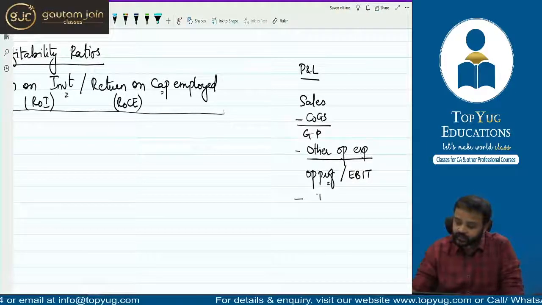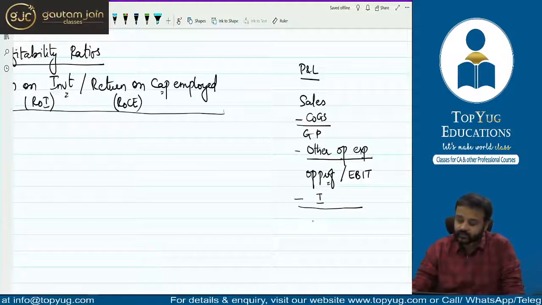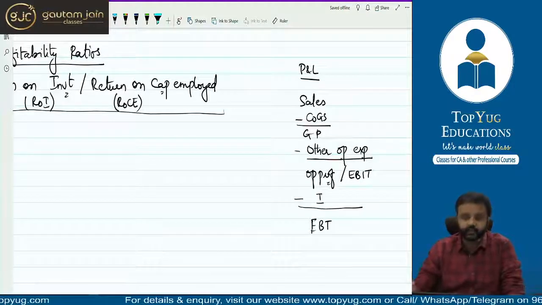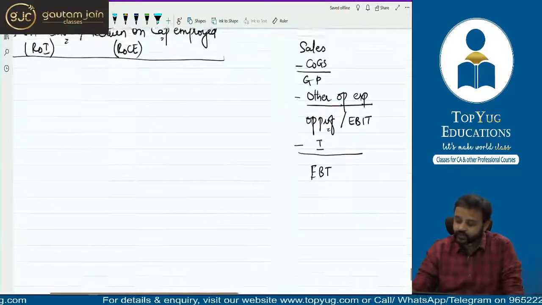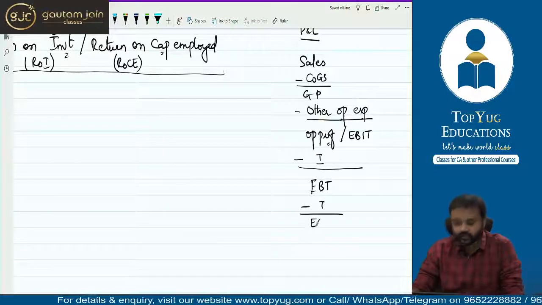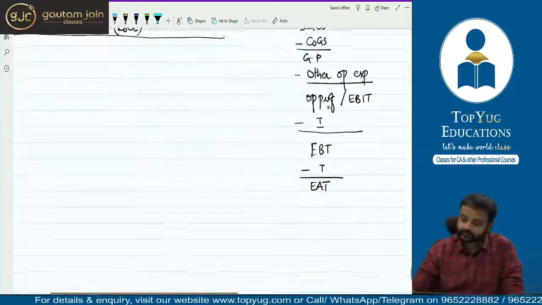Now from this EBIT or PBIT, we'll deduct what? Interest. After deducting that, we'll arrive at earnings before tax or profit before tax, EBT or PBT. Then from this we will deduct taxes, so that we arrive at earnings after tax.